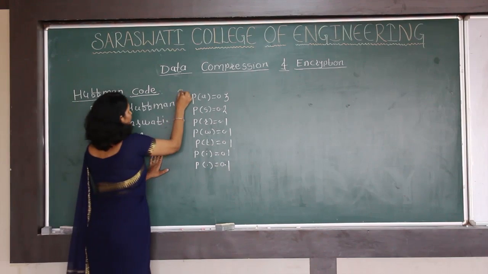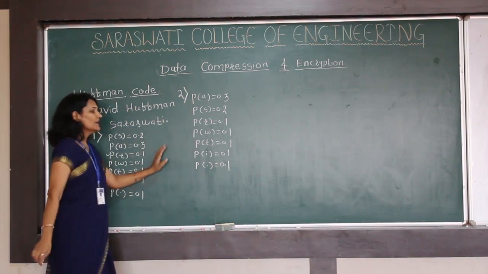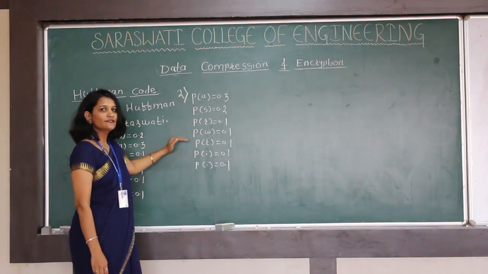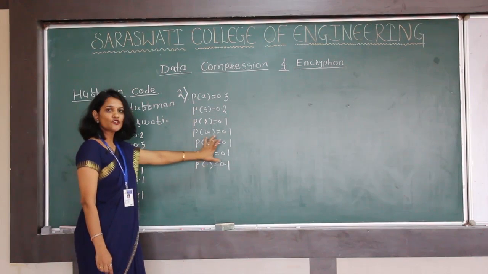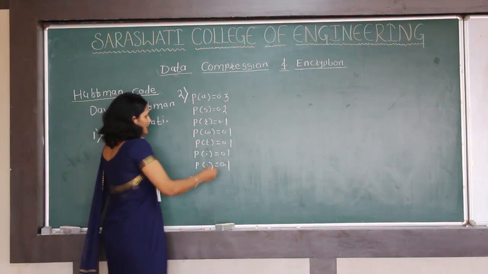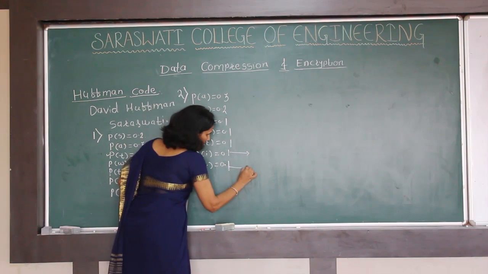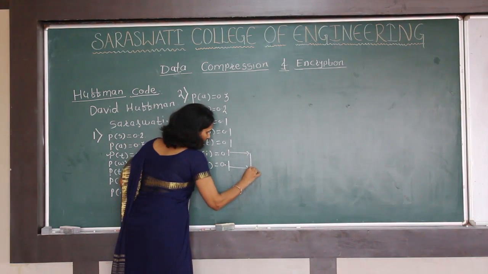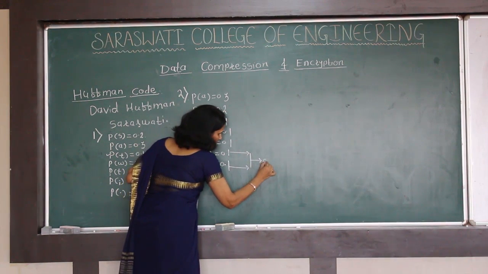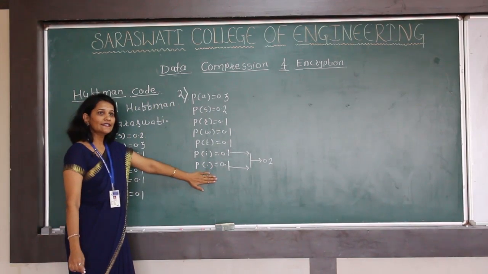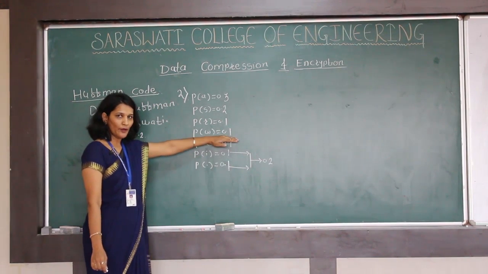This is the second step. After arranging these probabilities in descending order, add the last two probabilities. Here, add this 0.1 with this 0.1. Then the result is 0.2. Then add this result with the upper probability.